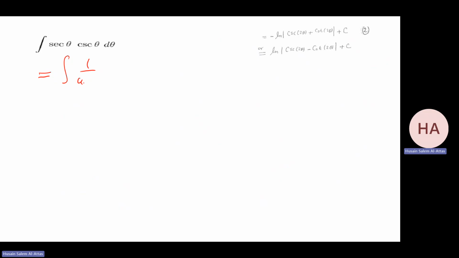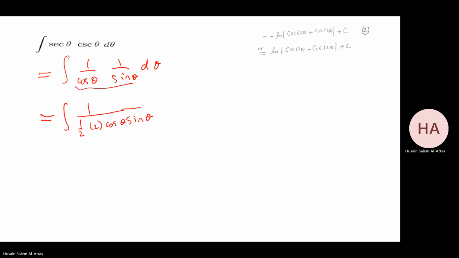So I have 1 over cosine theta, 1 over sine theta d theta. That gives me 1 over... this I can write as half times 2 cosine theta sine theta. Yeah, I can use this trick.